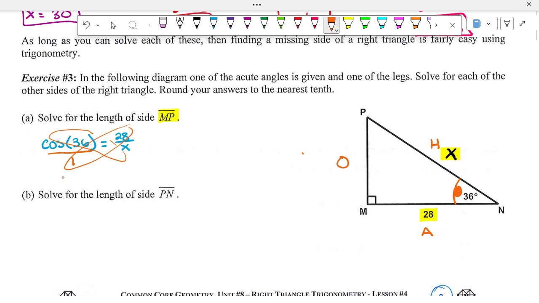So I got x cosine of 36 is equal to 28. Now remember, cosine of 36 is just a number. We know that because of your trig ratios and your trig table. So how do I get the x by itself?